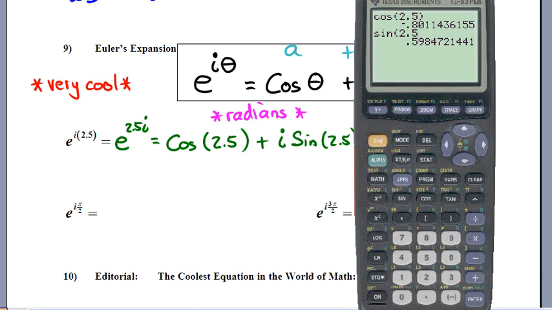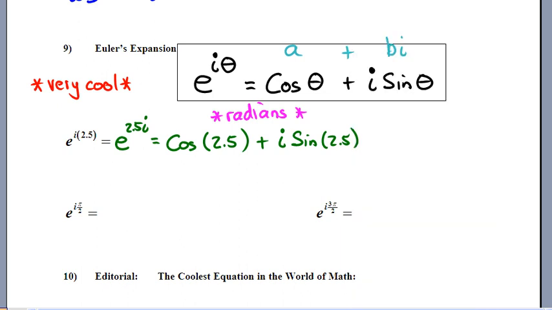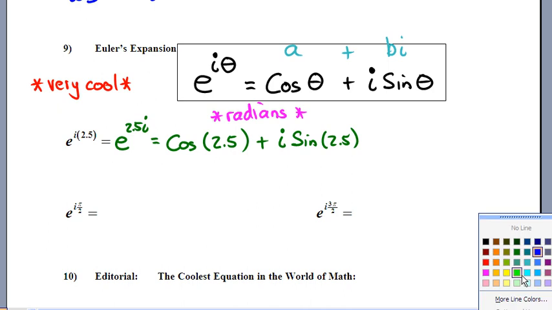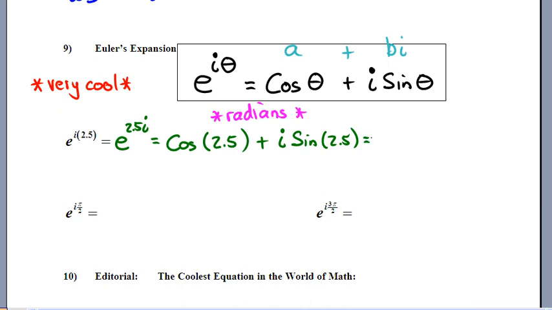So this number that we've got on the screen here is the same thing as negative 0.8011 plus 0.5984 times i.